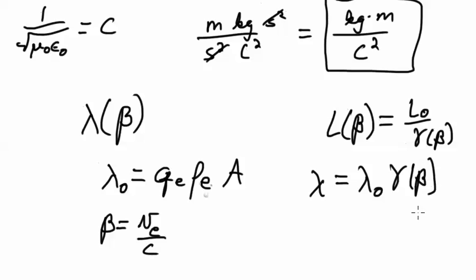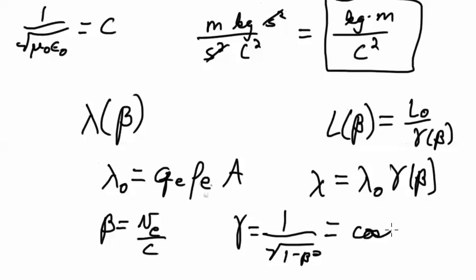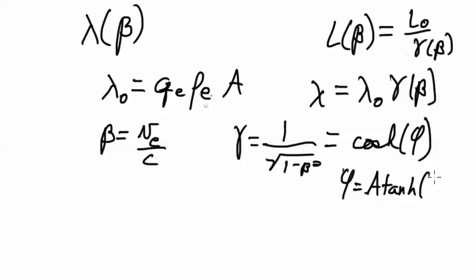Now this gamma of beta is called the Lorentz contraction factor. It's going to be 1 over square root of 1 minus beta squared, also known as hyperbolic cosh of phi, where phi is the hyperbolic arctangent of beta. That's not going to provide us any real simplification.